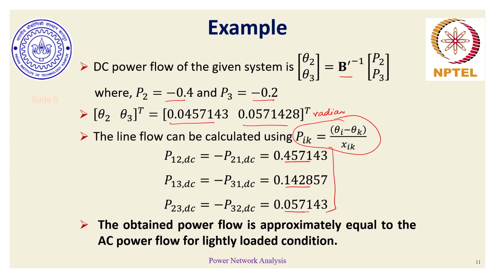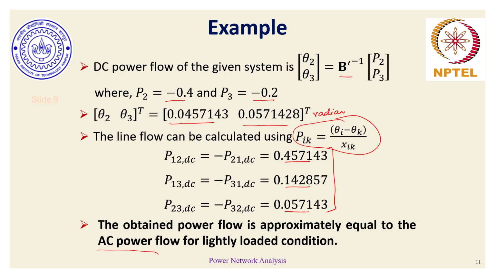That indicates that under lightly loaded condition, DC power flow can give similar acceptable real power flows as compared to AC power flow, and hence the need of solving AC power flow can be avoided if required.